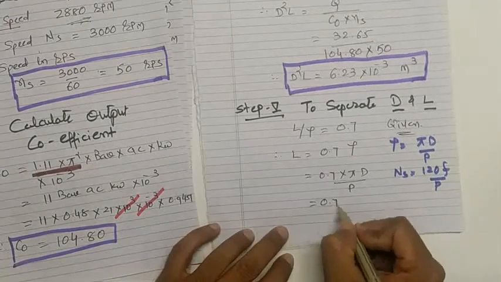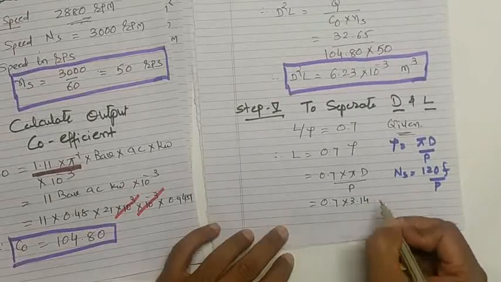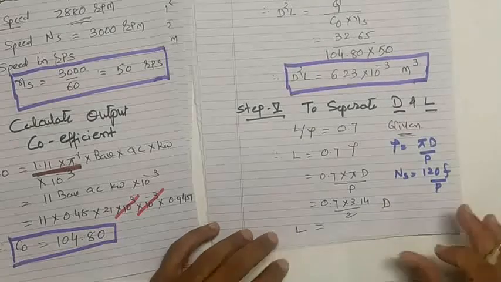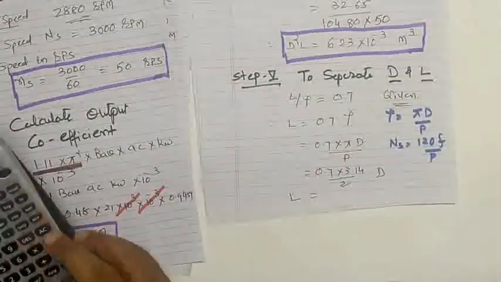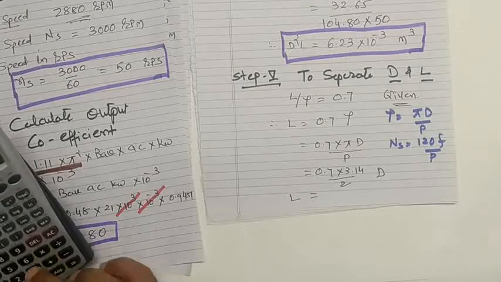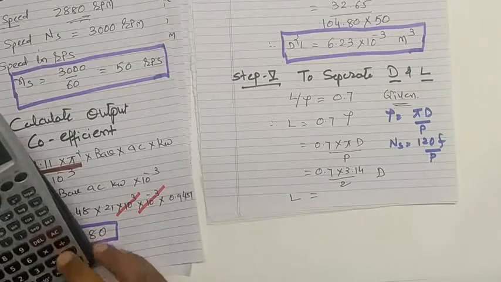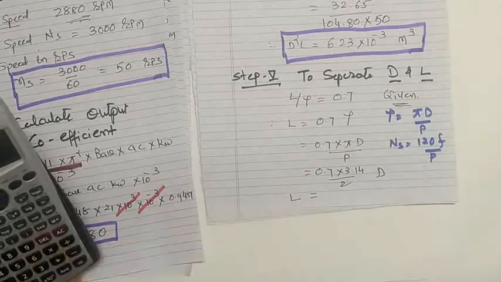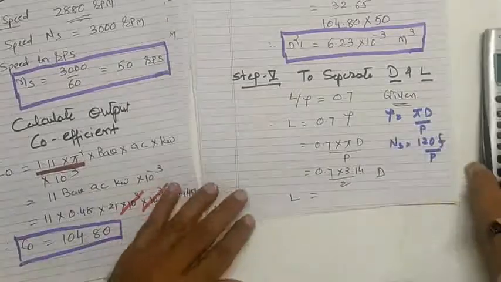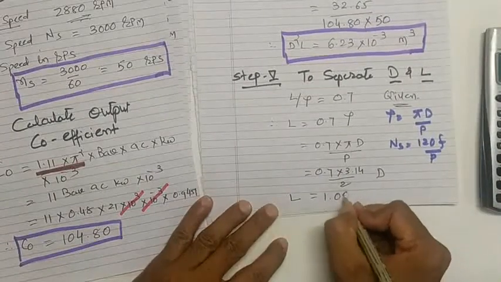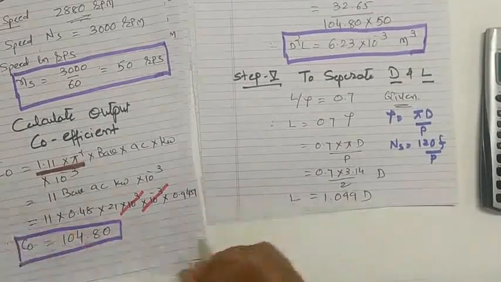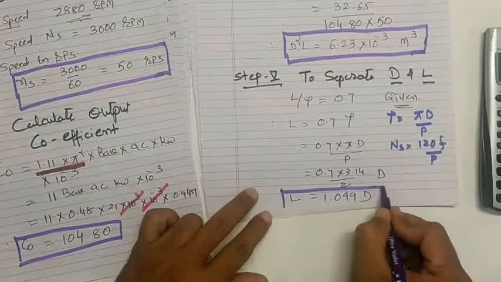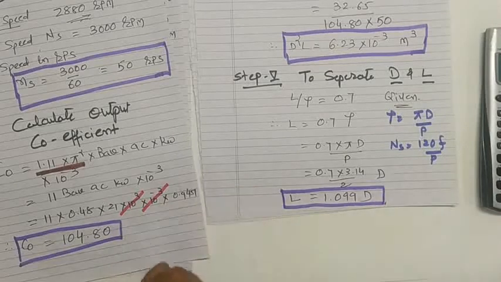So it comes to 0.7 multiplied by 3.14 divided by 2 times D, and we have one relationship. It comes to 1.099 times D. So this relationship we now have available.